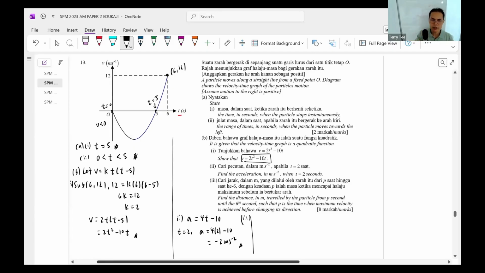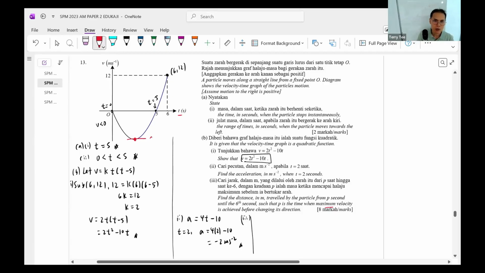Because when your velocity is negative, you're going to the left at the fastest speed. We call it minimum velocity, but the magnitude of velocity is speed. So by right, we should say minimum velocity or maximum speed. You're going to the left at the fastest speed.